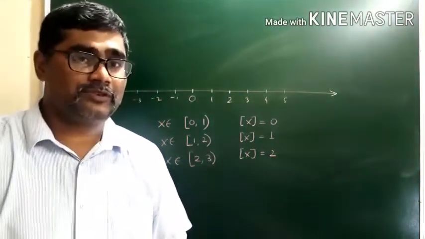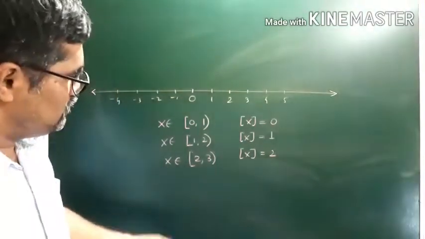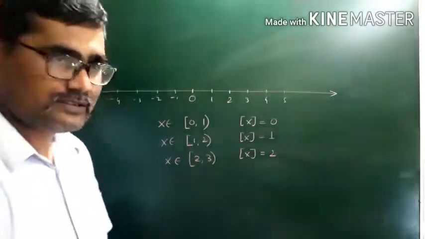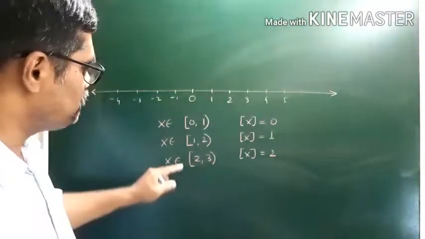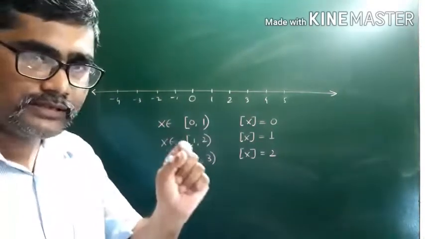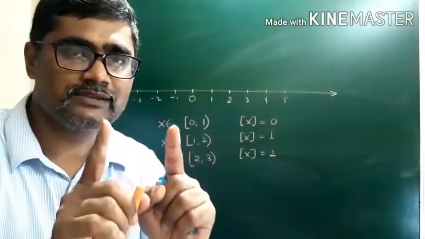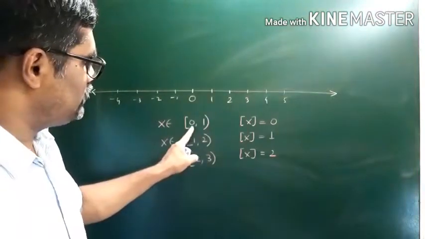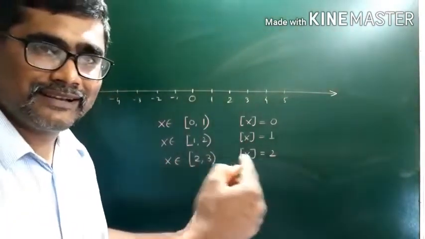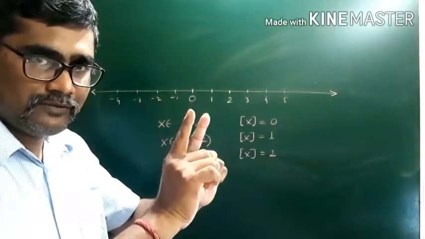Now, before I proceed further, I'll tell you why we call it the floor function. We call it floor function because, see, if my interval is 0 to 1, our discussion is always on unit intervals, meaning those intervals which have length 1 unit. The lower point, the left side, is considered as the result. Ground, floor is down, ceiling is above.